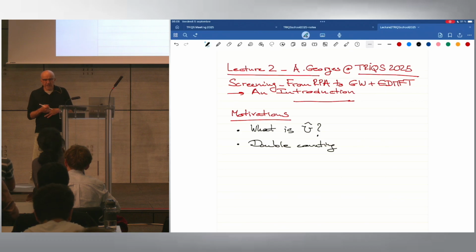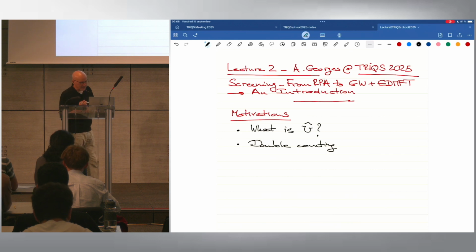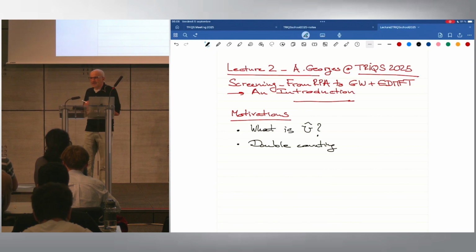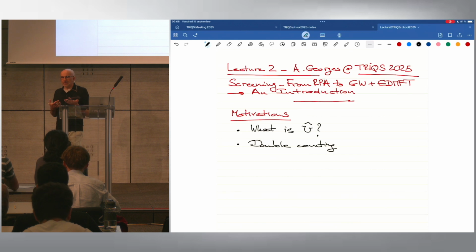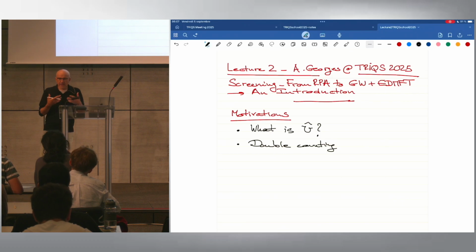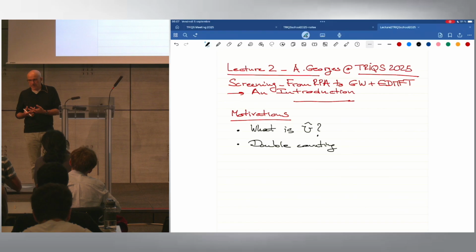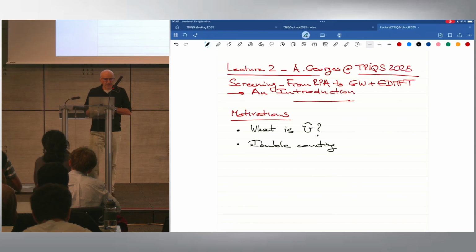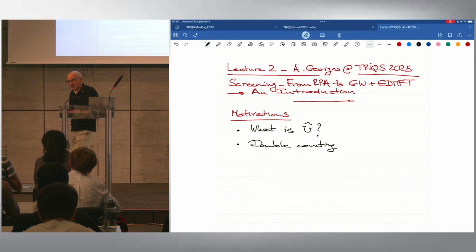Density functional theory is based on a function of the local density, as the name goes. And of course, part of the Coulomb interaction is included. There is a part which is very clearly included, which is just the Hartree term.